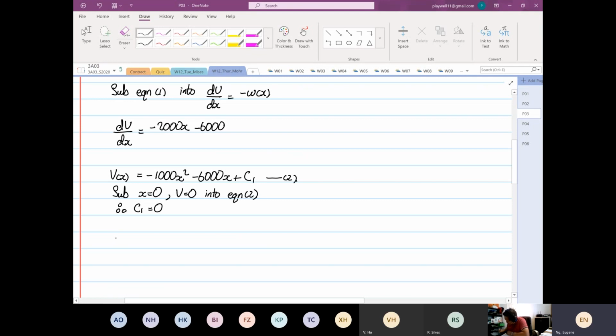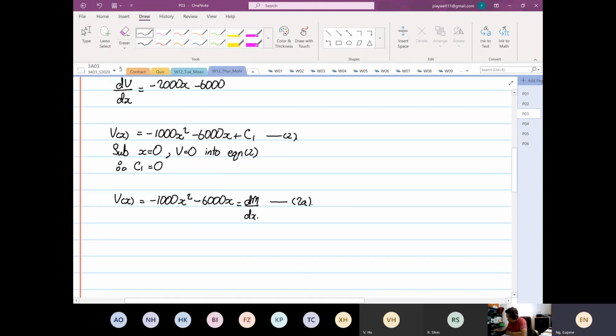Therefore, v as a function of x is equal to minus 1000x squared minus 6000x, and this is your equation 2a because it evolved from equation number 2. Sorry, I forgot another term. We know that v as a function of x is also equal to dm by dx.